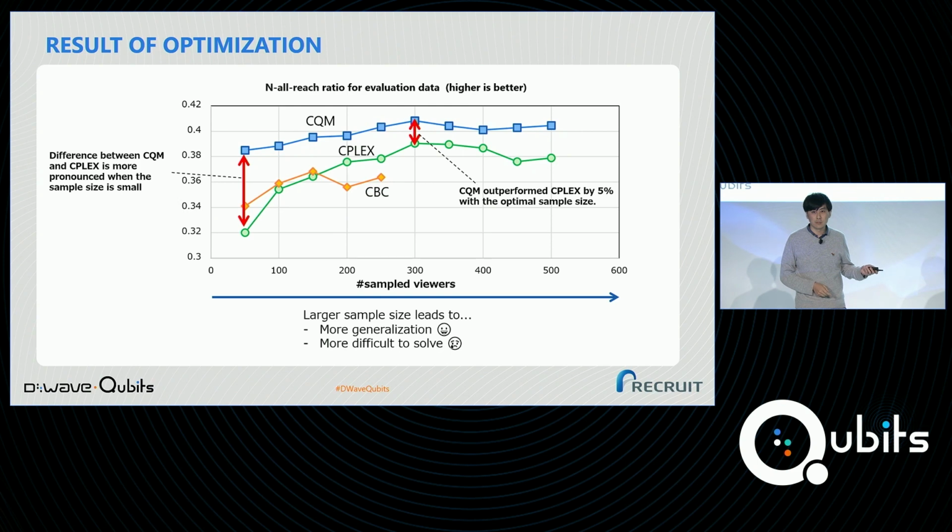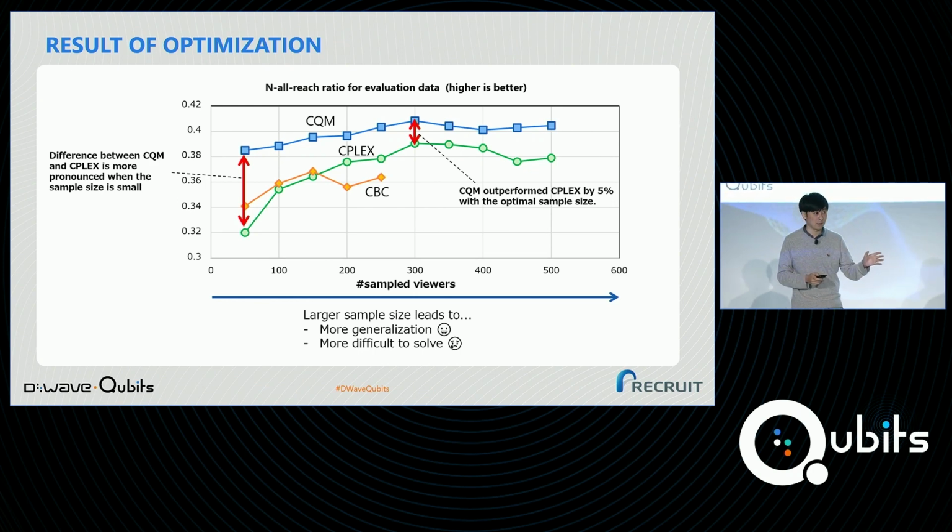But what is the meaning of the sample size, the x-axis? If the sample size is large, then the problem size is also getting large, and in that case, the solver cannot handle it anymore. So the solution of the problem is getting worse.